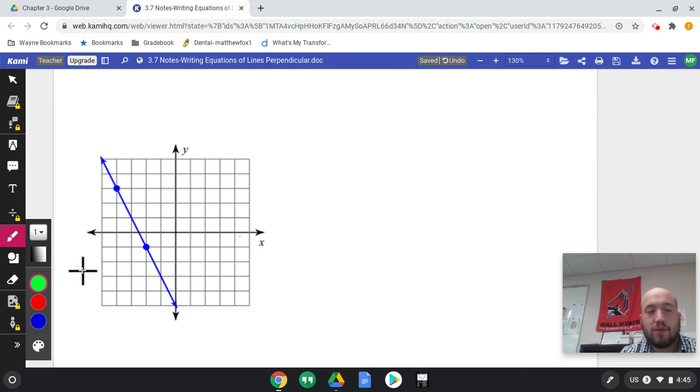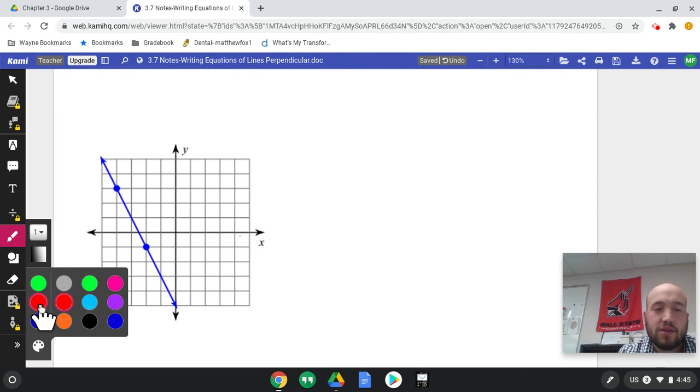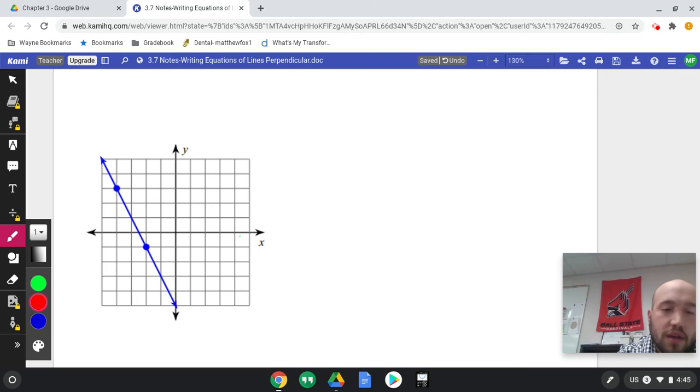So if we look at this one, the original here, we know the slope, it goes down 4, 1, 2, 3, 4 over 2. So negative 4/2, which reduces to just negative 2, which means if it's parallel, it's going to have that same slope.